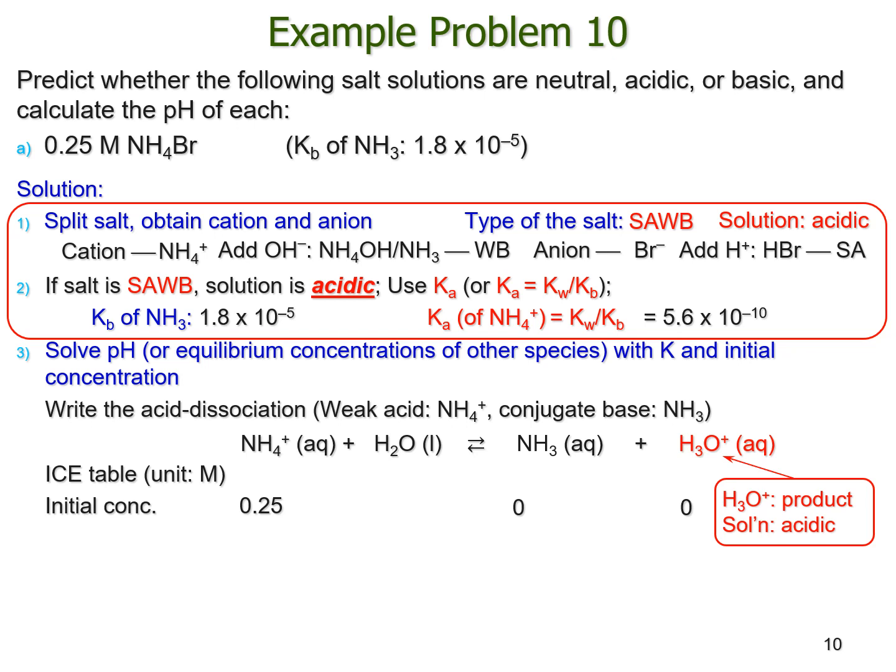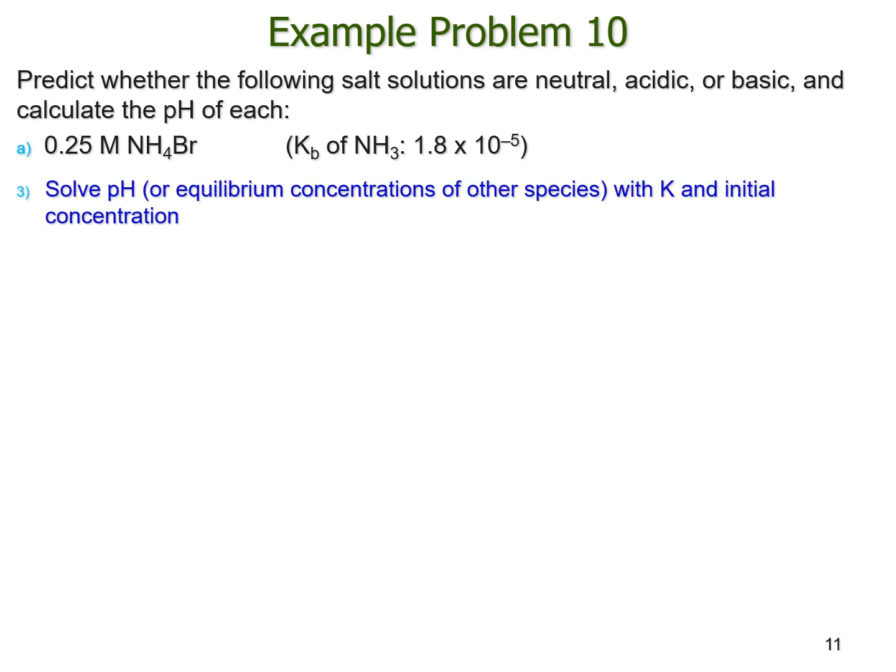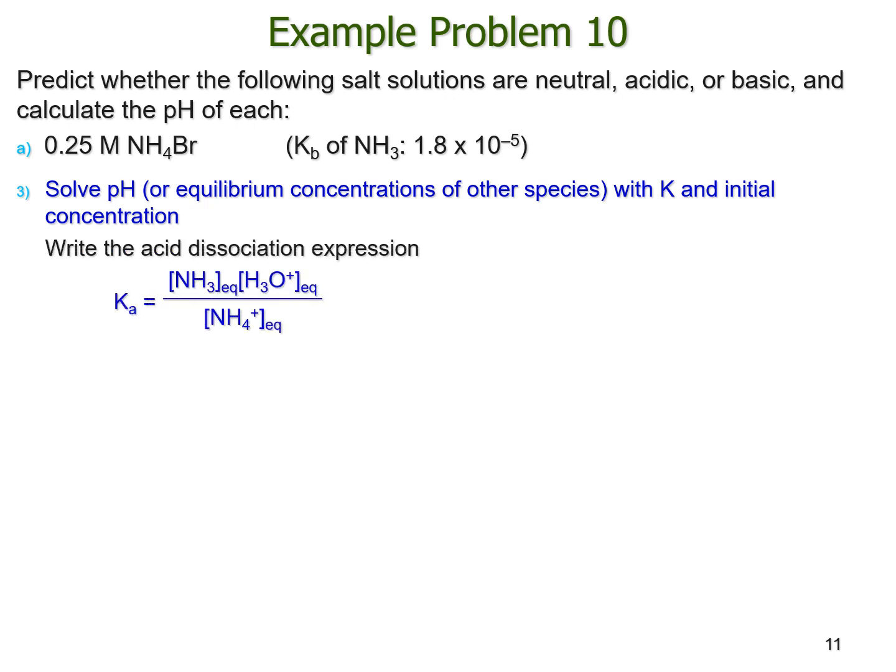ICE table. We have initial concentration. We put a plus X under the hydronium so that we have plus X, minus X for the rest of the species as a change in concentration. And we have equilibrium concentration, figure it out. We put those equilibrium concentrations in the expression of Ka, which is equal to 5.6 times 10 to the negative 10th.